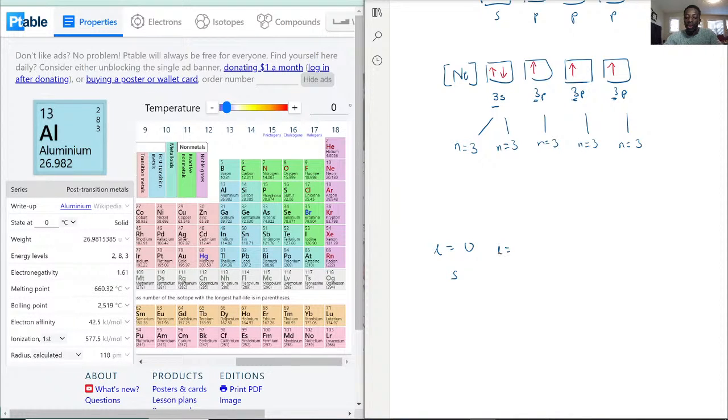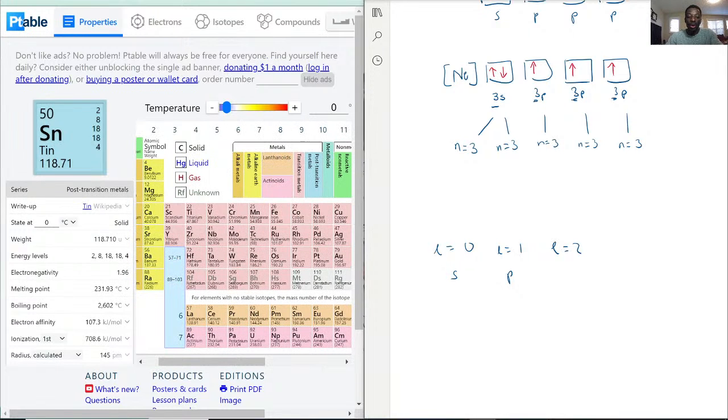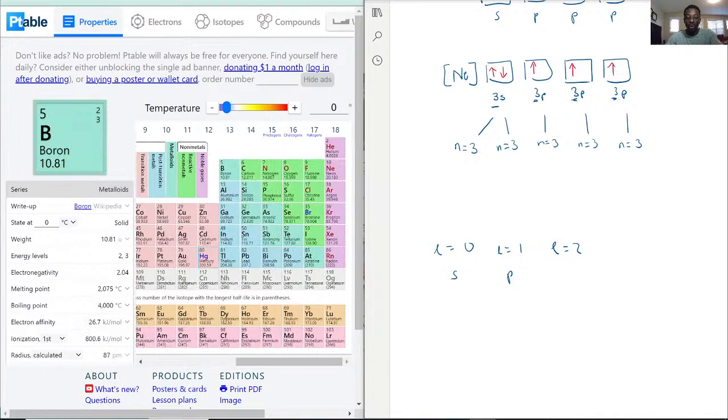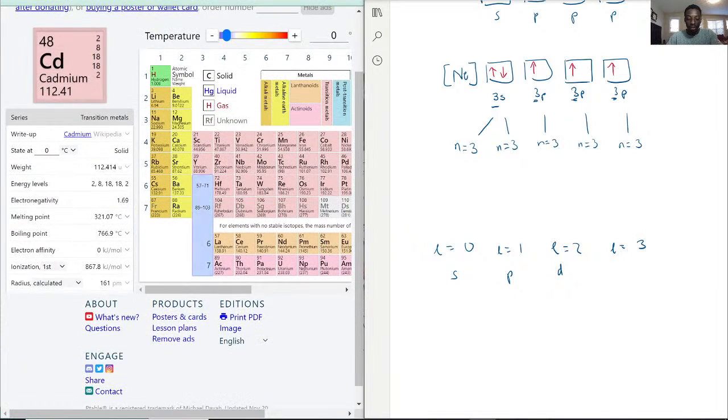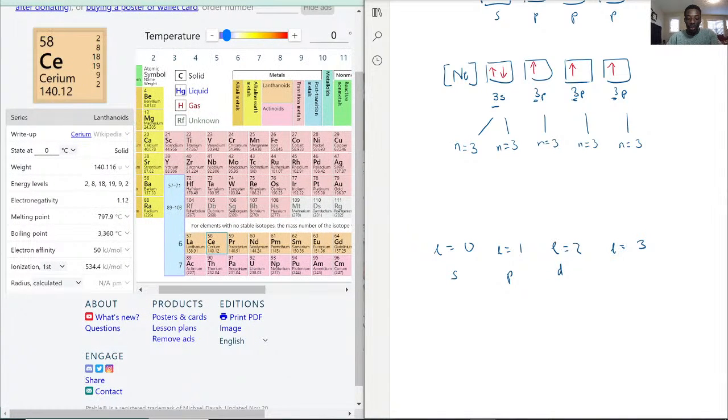If L is equal to 1, that's the P subshell, which is columns 13 through 18, excluding helium. If L is equal to 2, that's your D subshell, which is columns 3 through 12. And if L is equal to 3, that will be your F subshell, which is your lanthanum and actinium series.